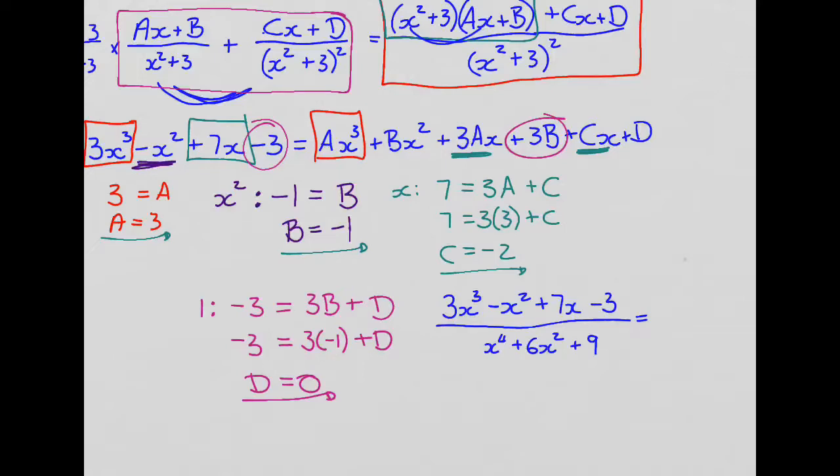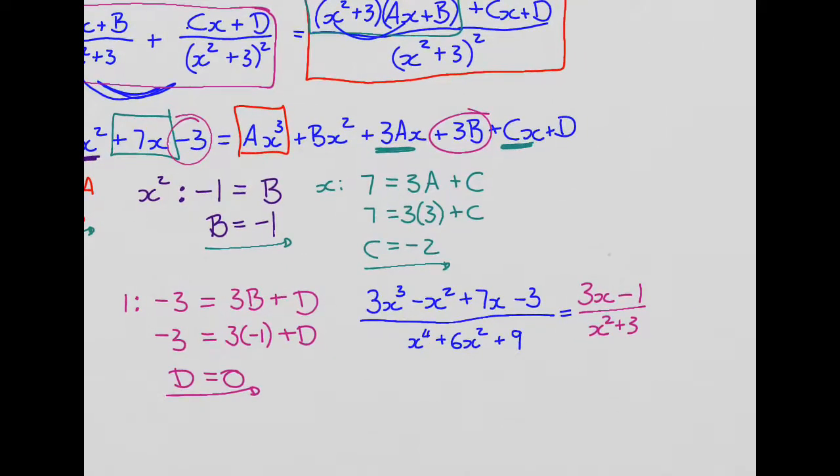So a is 3, so it becomes 3x plus b, which is negative 1, so that will be minus 1 over x squared plus 3, plus the value of c, which is negative 2. So again, we can change that plus into a negative rather. So it's going to be 2x over, because d is 0, x squared plus 3 squared.